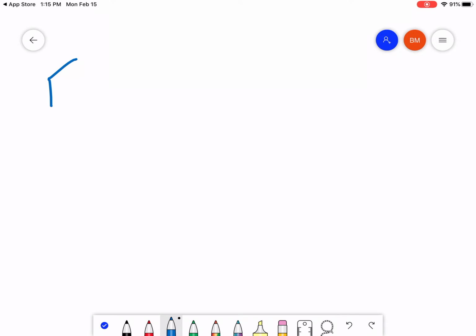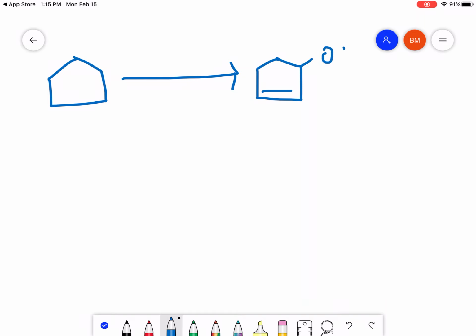All right, we're going to start off with cyclopentane, and we're going to convert it into this. All right, so again, we're starting off with an alkane. There's really not much that we can do with alkanes but halogenate them. So let's try a halogenation.